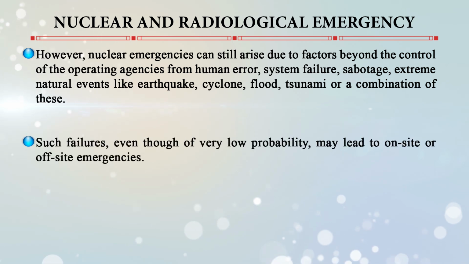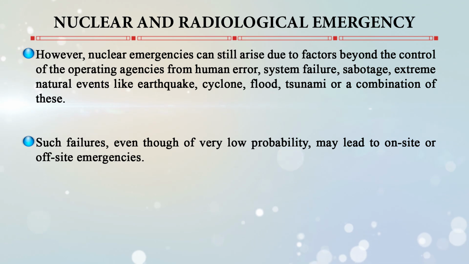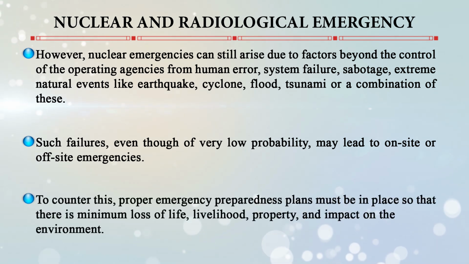Such failures, even though of very low probability, may lead to on-site or off-site emergencies. To counter this, proper emergency preparedness plans must be in place so that there is minimum loss of life, livelihood, property and impact on the environment. National Disaster Management Plan.